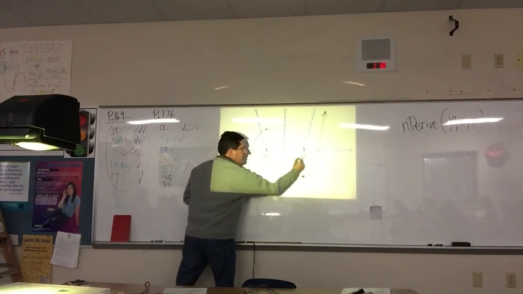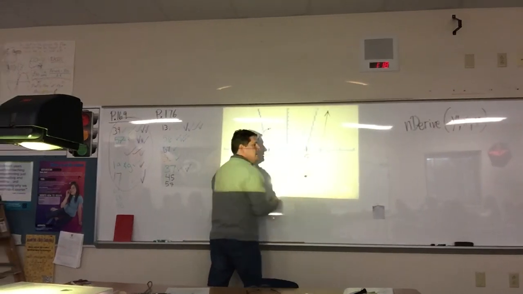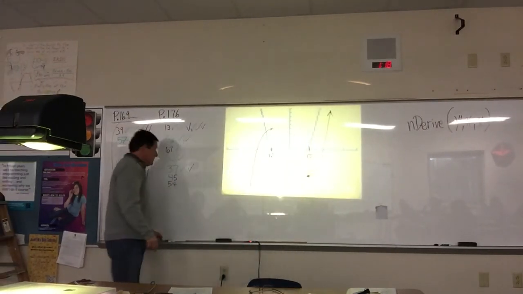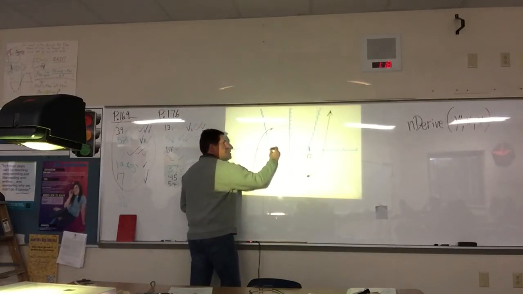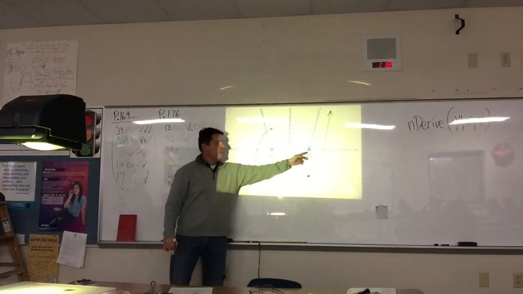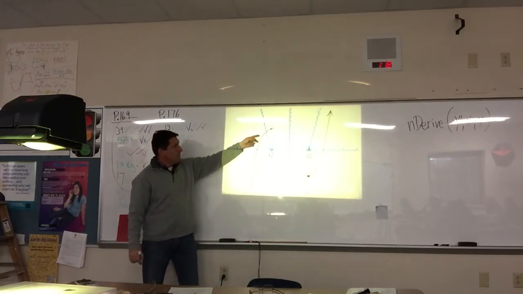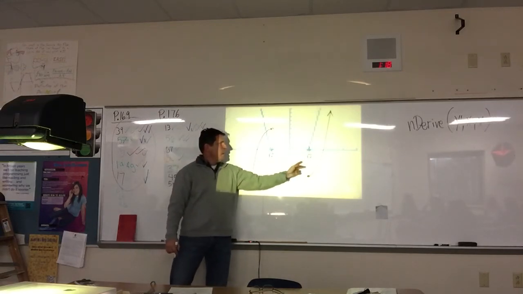This is where the derivative is all negative, and this is where the derivative is all positive. Okay? And this is our maximum point. This is where the maximum occurs, and that's where the minimum occurs, because the derivative changes from positive to negative, maximum, negative to positive, minimum.